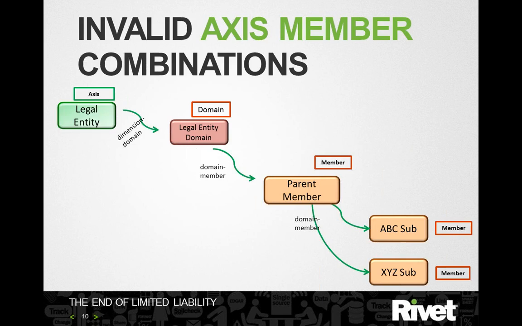The next item, and this slide's a little bit XBRL-y, but some of you may or may not be familiar with some of these concepts. This is invalid axes members. In a lot of cases, you may need to split or categorize financial information by different types of legal entity.